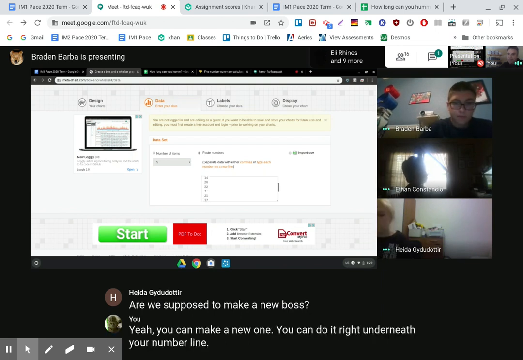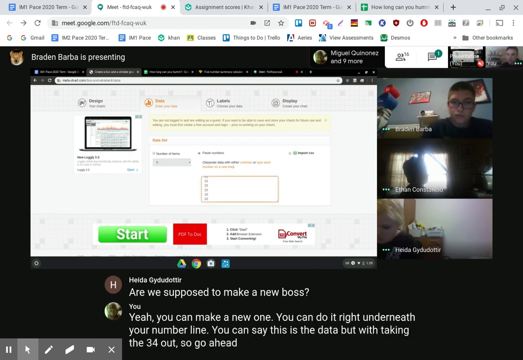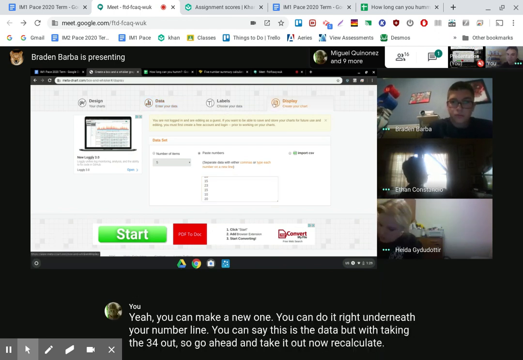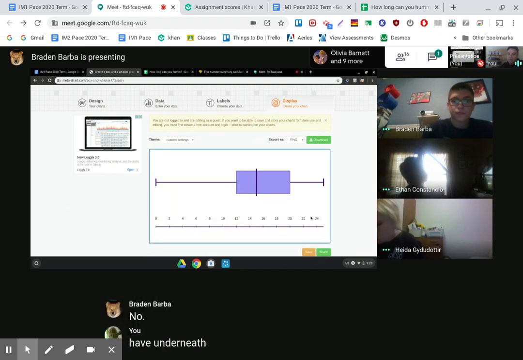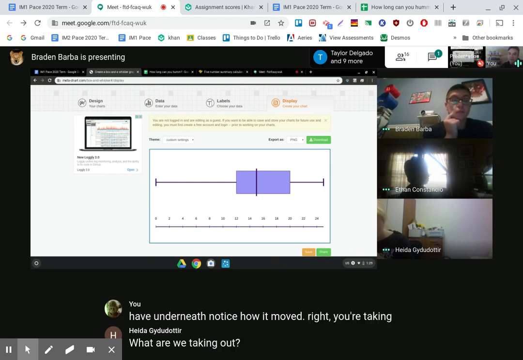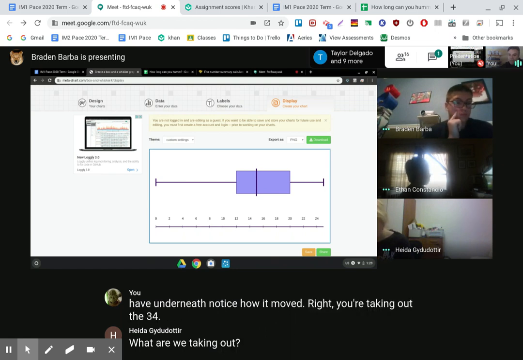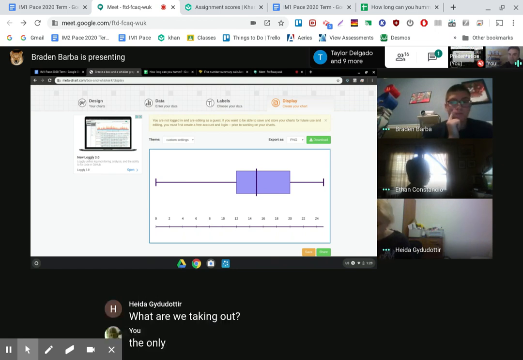You could say this is the data, but with the 34 taken out. So go ahead and take it out. Now recalculate, and this is the one that you should have underneath. Notice how it moved. You're taking out the 34, and the only thing that moved was really the whisker, right?